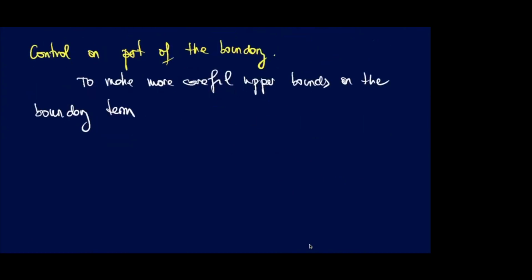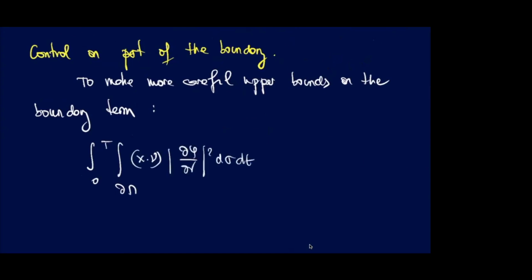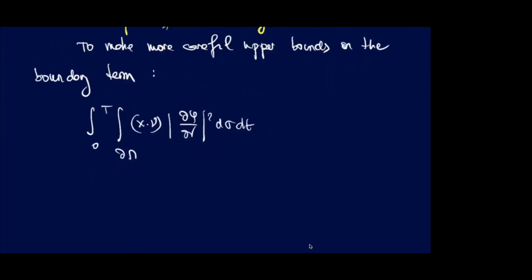So what did we have? We had something like this on the boundary. And then I was tough. I said this absolute value of x·ν is less than capital R. I put capital R everywhere and that's it.